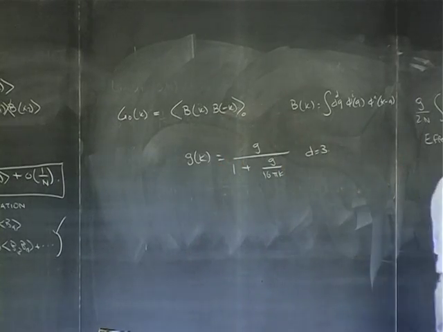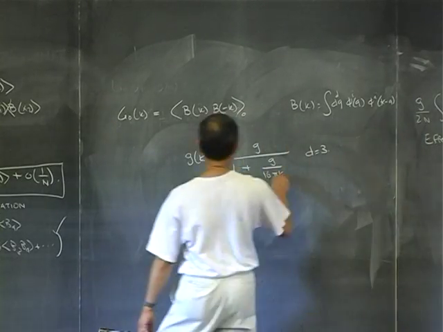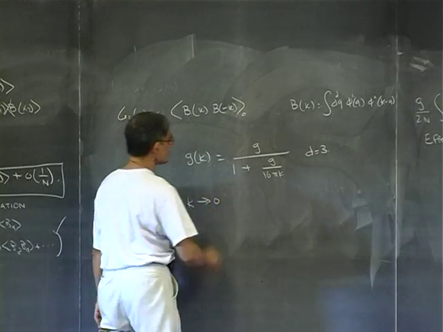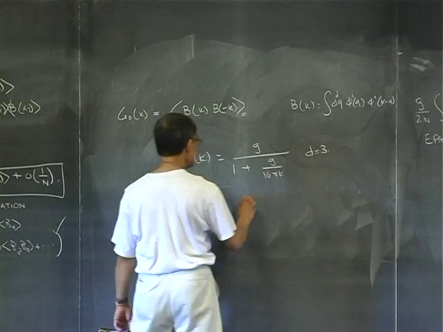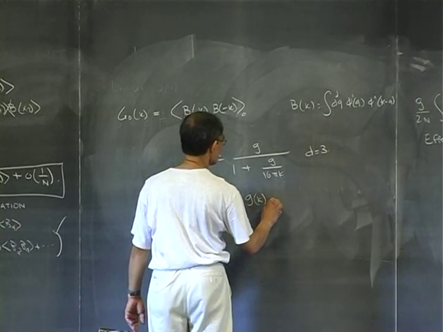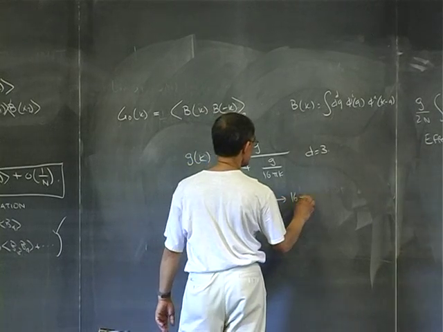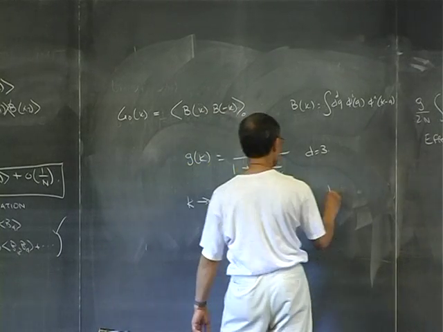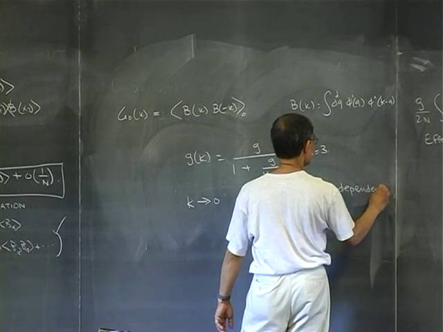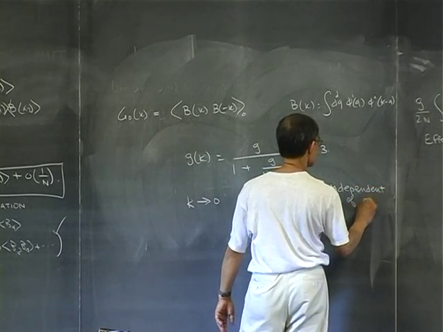And what you find from this formula is that as k goes to 0, G of k goes to 16 pi k, independent of G.